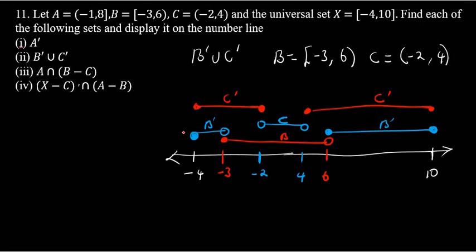Now the question is B complement union C complement. So let's check out where C complement and B complement are starting. C complement and B complement are starting from here, and where is C complement ending? It's ending here, right? So meaning that B complement is within C complement, and C complement is starting from here again, this side.